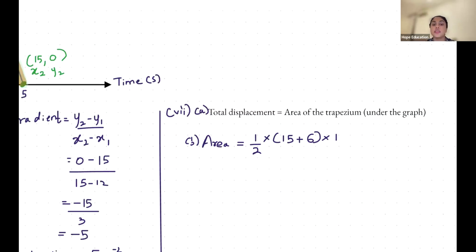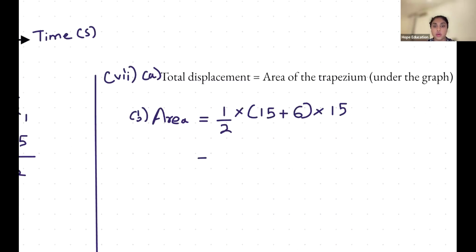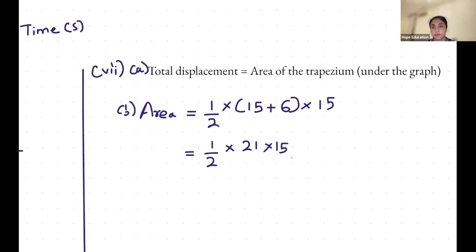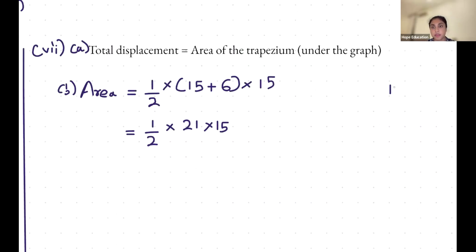Okay, so we will do the calculation. Half into 15 plus 6 is 21 into 15. So we have to multiply 21 and 15. 5 times 1 is 5, 5 times 2 is 10, 1 times 1 is 1, 1 times 2 is 2.